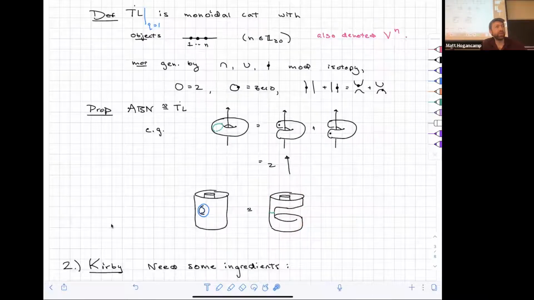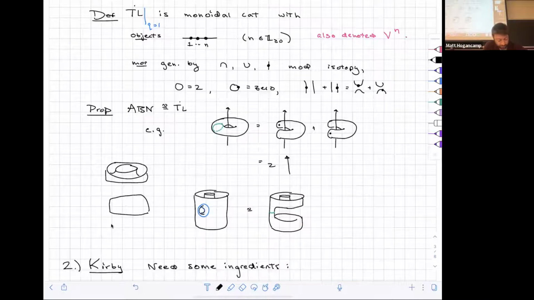Yeah, so you have a cake pan, and then you have an upside down cake pan. Sorry, this is an awful picture. So that first thing was a cake pan with a tube.